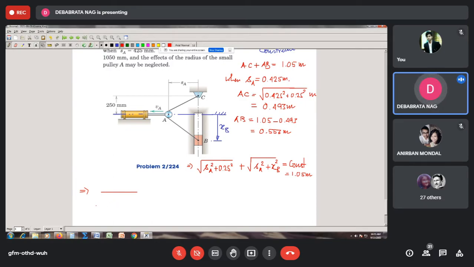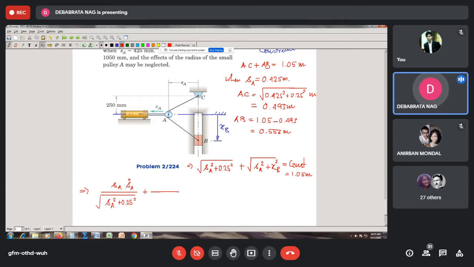We can say that it will be root over SA square plus 0.25 square, correct? This should be SA into S dot A. The 2 cancels out, so I am not writing that one.